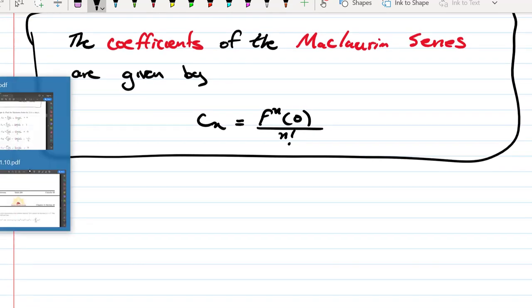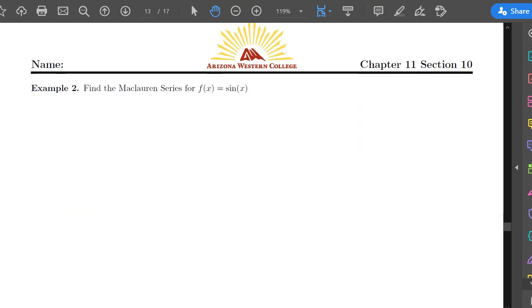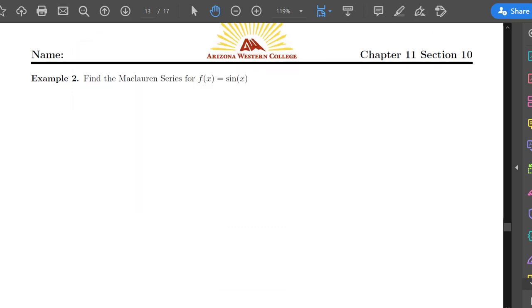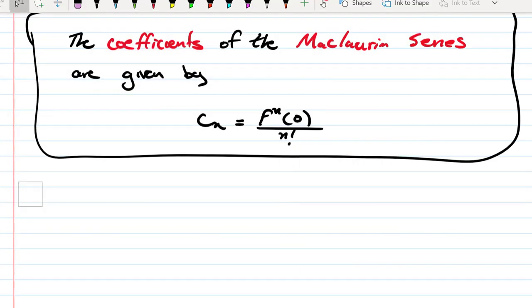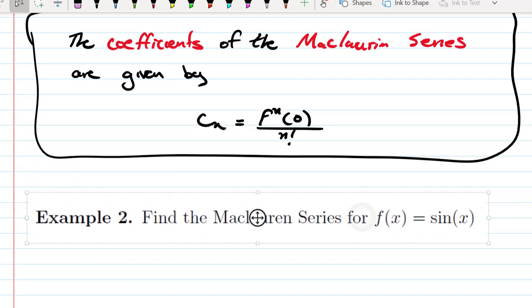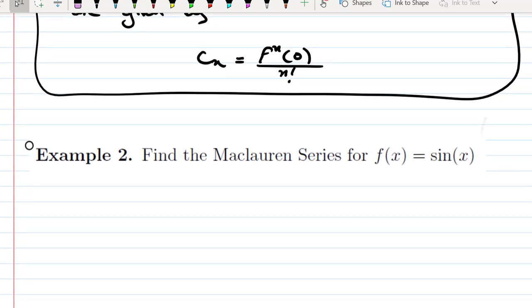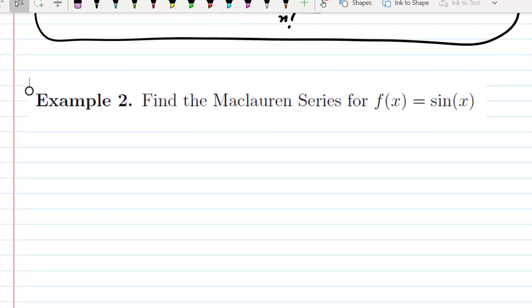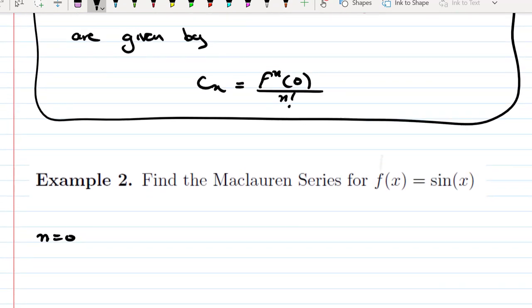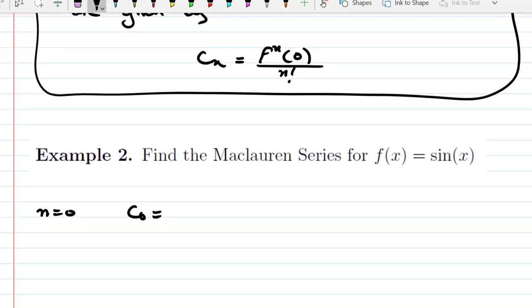Alright, so let's take a look at our next example. So let's find the Maclaurin series for f of x equals 2 sine x. So to find our coefficients, if we use n equals 0, we have that c sub 0 is equal to the 0th derivative, or the function evaluated at 0.